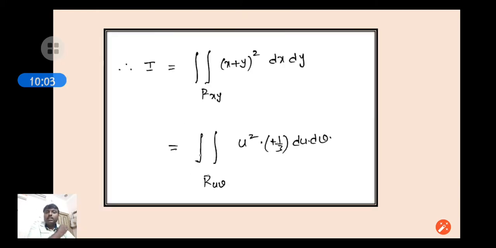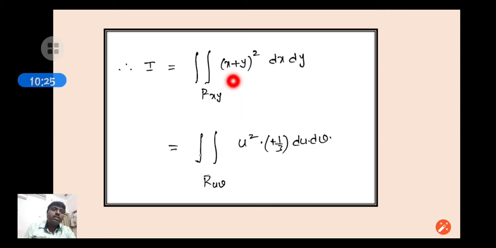Now go through the given integration: integral over the region R of xy times x plus y whole square dx dy. Now it can be changed in terms of u v. So double integration over R uv. Here R xy is a parallelogram. Here R uv is a rectangle.